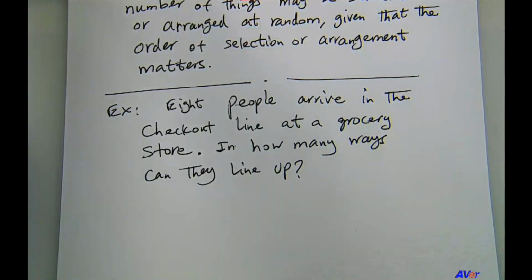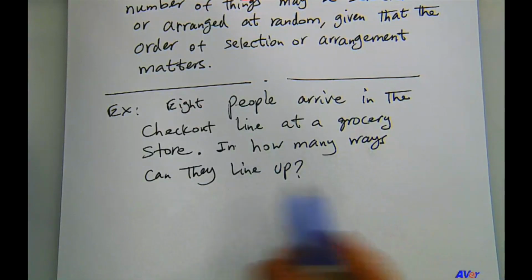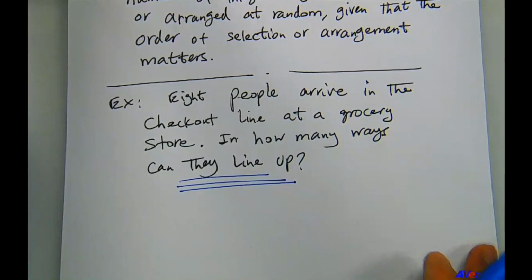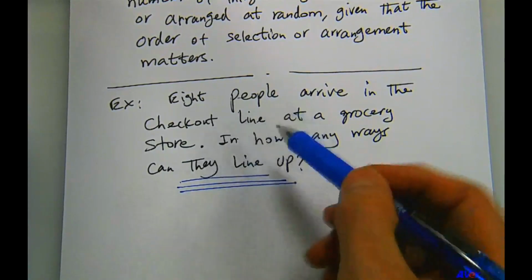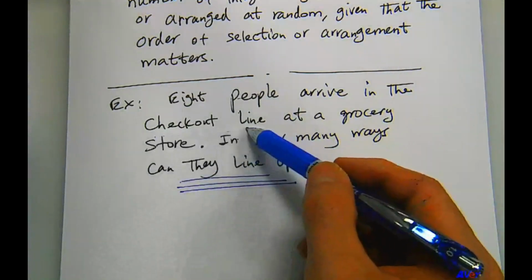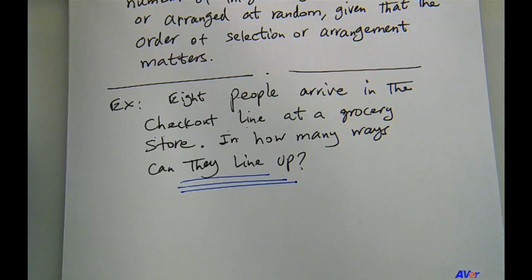In how many ways can they line up refers to all of them, right? All 8 people. Even though this doesn't say that order matters, at a checkout line it does matter, right? If you're ahead of these other 7 people, you will check out sooner. So the order definitely matters.